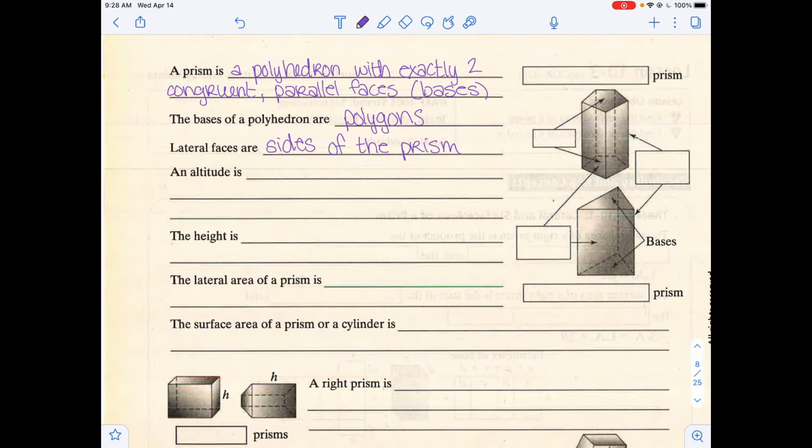Okay, an altitude is a perpendicular segment that joins the planes of the bases.